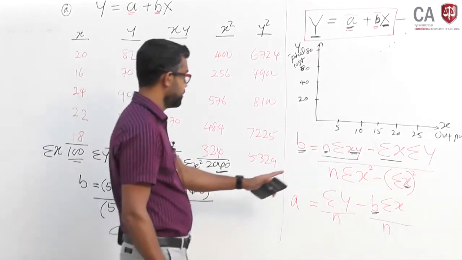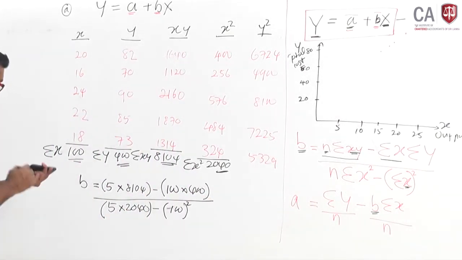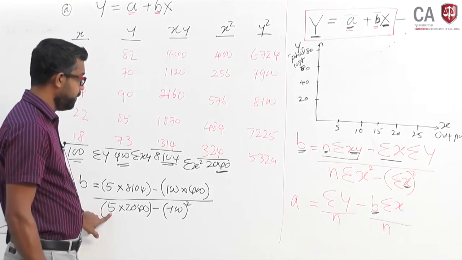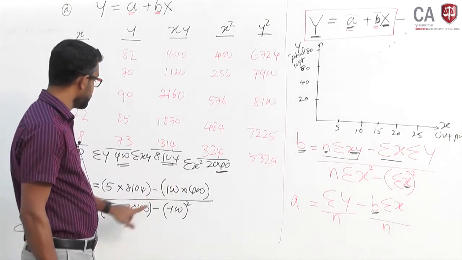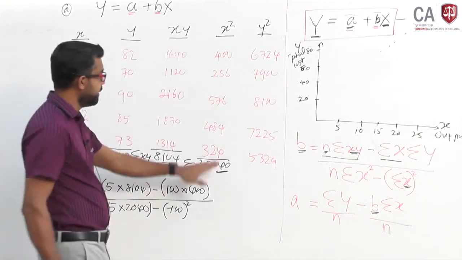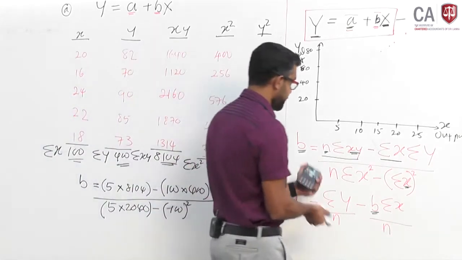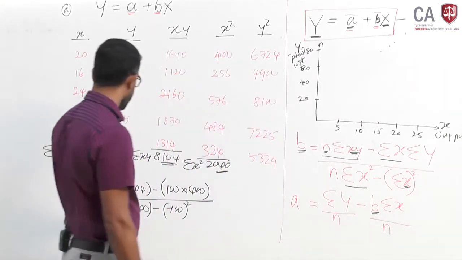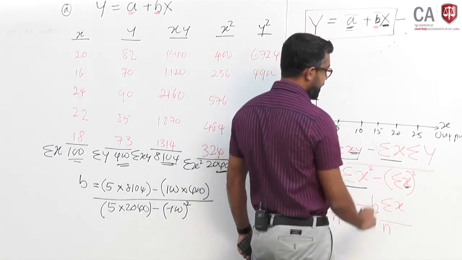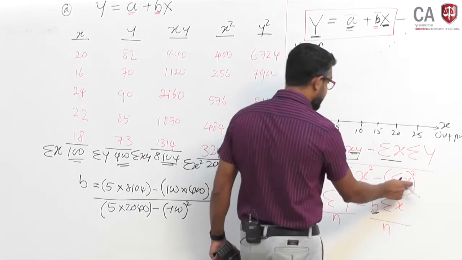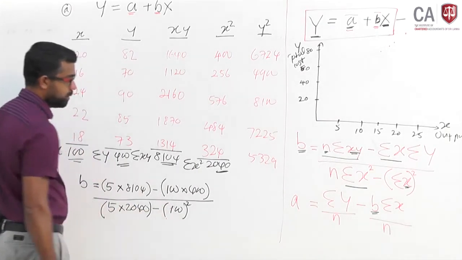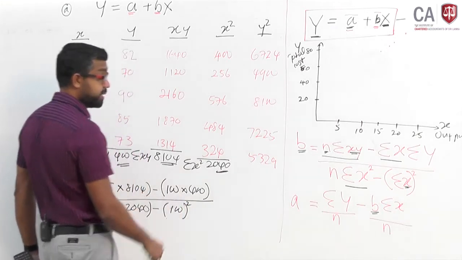Understood? Now the common mistake here is that people take 5 and the sum of power of x, 240, and again take the power of it. Don't do that, because we have already calculated this number. You don't take its power again. Here within the bracket you first take the sum of x, that 100, and take its square.